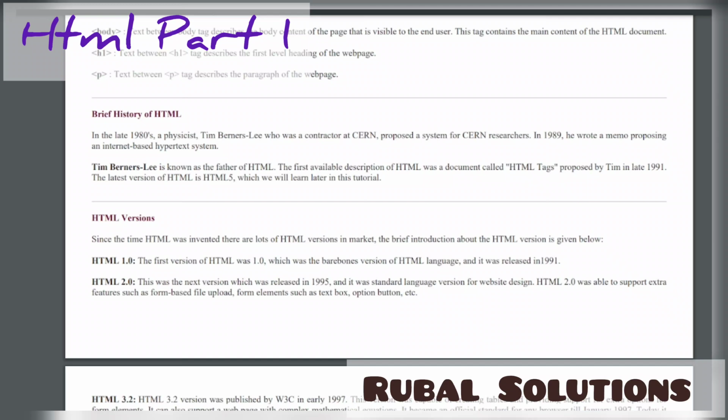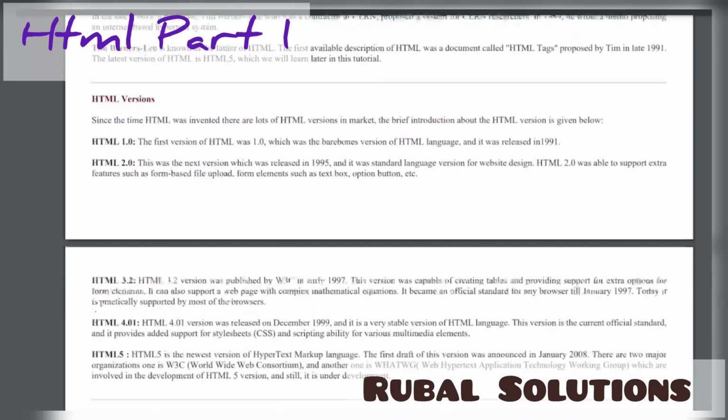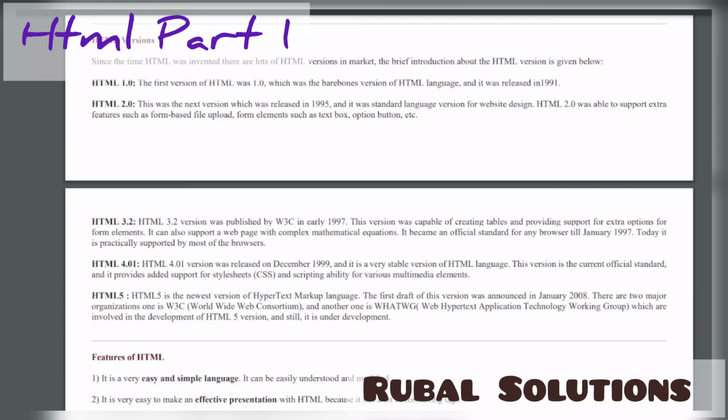Now let's get to know about HTML versions. Since the time HTML was invented, there are a lot of HTML versions in the market. The brief introduction about the HTML versions is given below. HTML 1.0. The first version of HTML was 1.0, which was a bare bones version of the HTML language and was released in 1991. Then comes HTML 2.0.